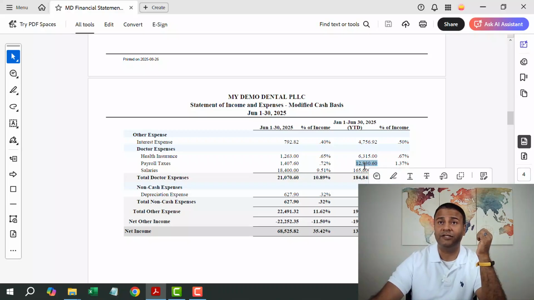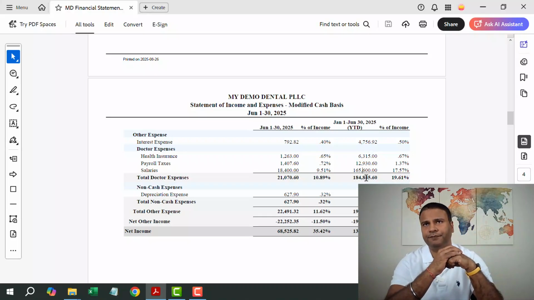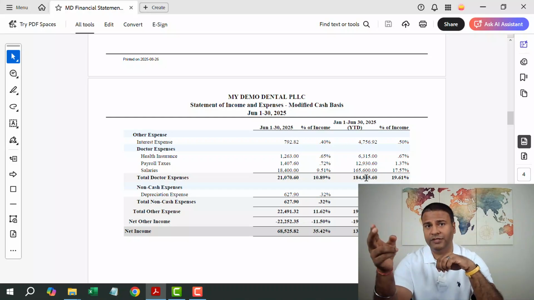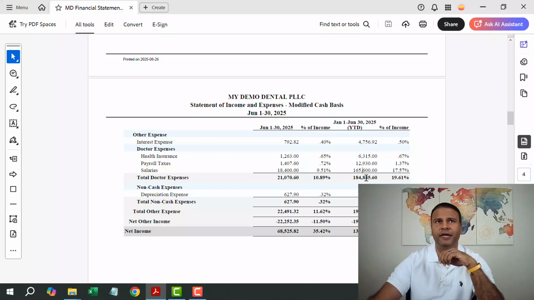These are the payroll taxes related to the owner, and then they're paying health insurance through the dental practice, and that's what's related to that. Now, if you had related party, like paying your kids, then we might put those in here as well, and there'll be a couple of other line items over here. Okay, so this group includes expenses just related to the owner of the dental practice and the family.